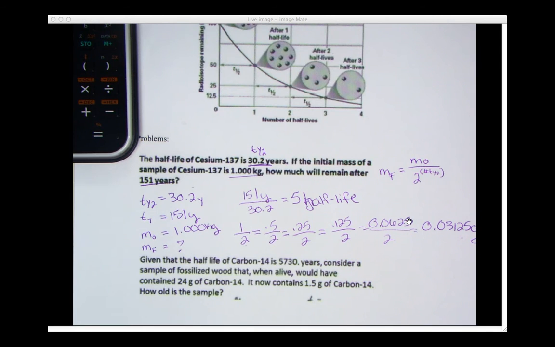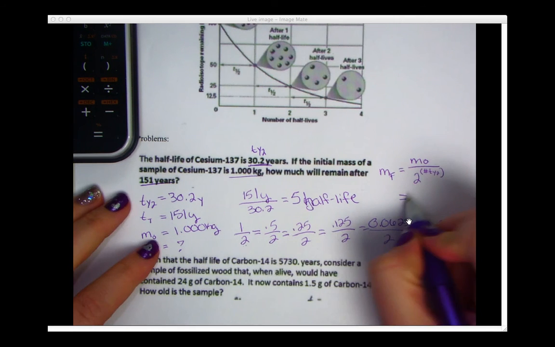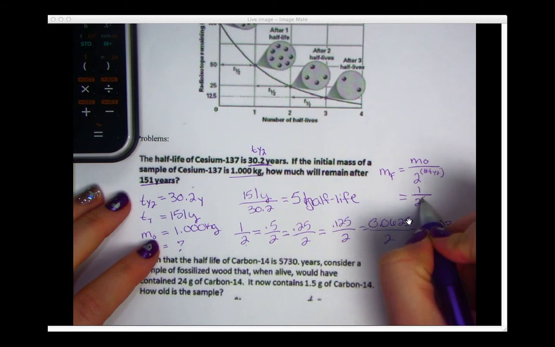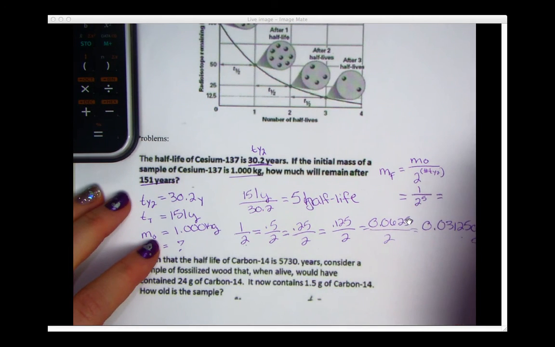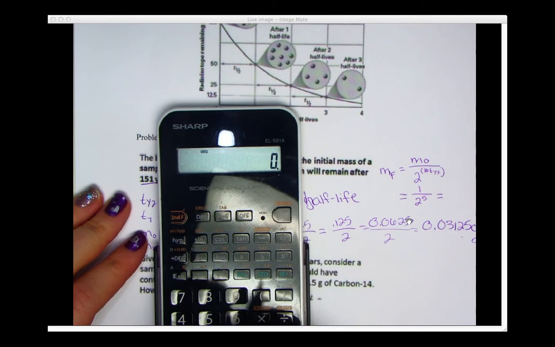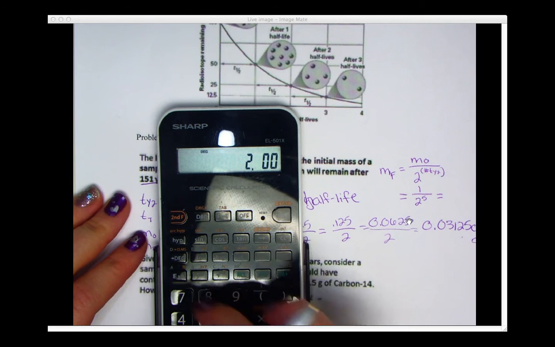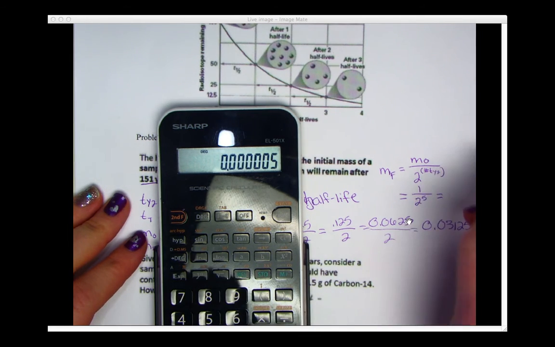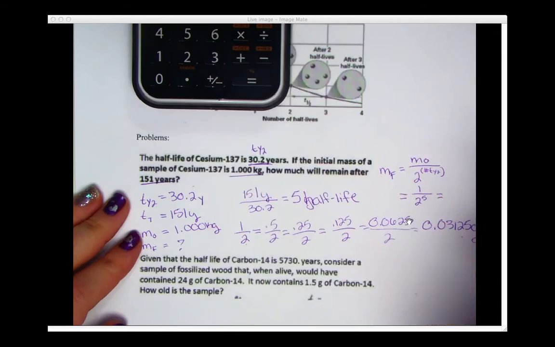So we could have just done 1 divided by 2 to the 5th power, which should also give us, if you do it on this calculator, 1 divided by 2 exponent 5, and we should have gotten 0.03125.